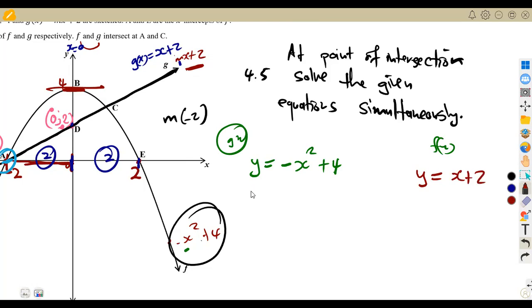It's an advantage, guys, when you are dealing with equations, I want you to take note of this. You can just substitute here because y is the same.